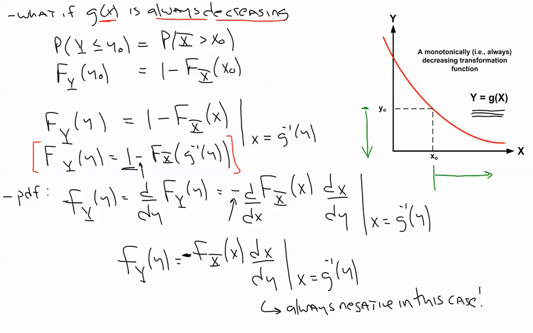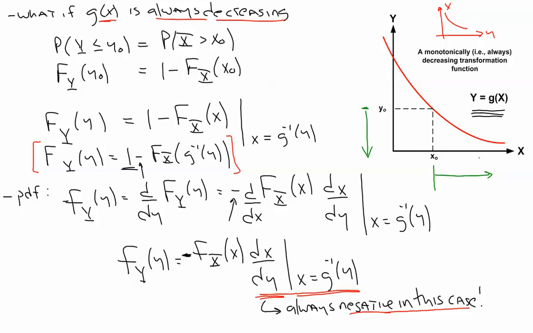If I reversed the axes for x and y, I would have a function that is decreasing. The derivative of x with respect to y, where x is the inverse of my transformation function, is always a negative derivative.